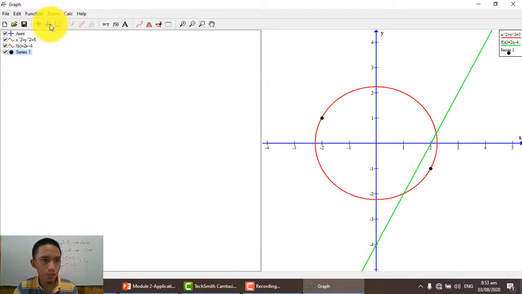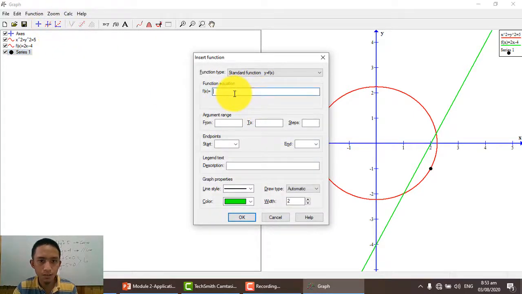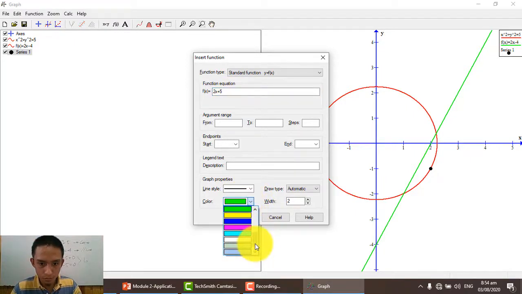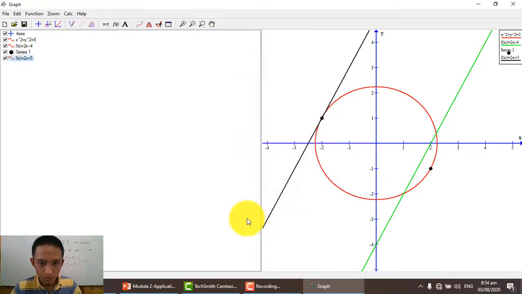Now I will draw the lines, which is 2x minus y plus 5. So I will transfer y to make it positive: y equals 2x plus 5. Let's put that one as color black, since that is our unknown. Okay, that is the tangent at your point.